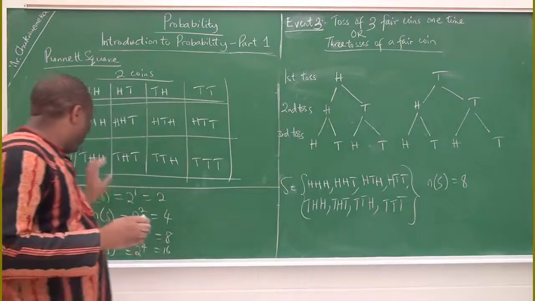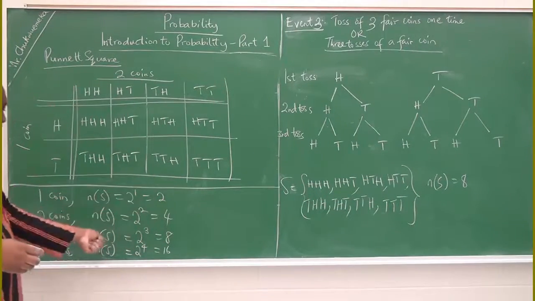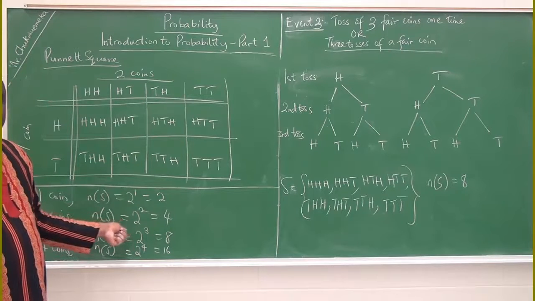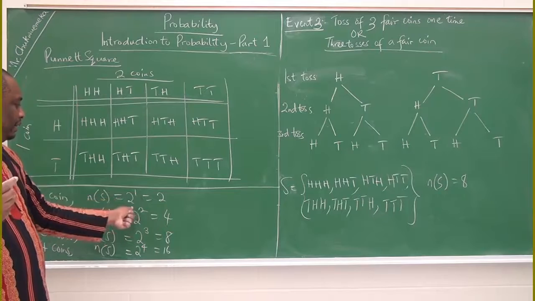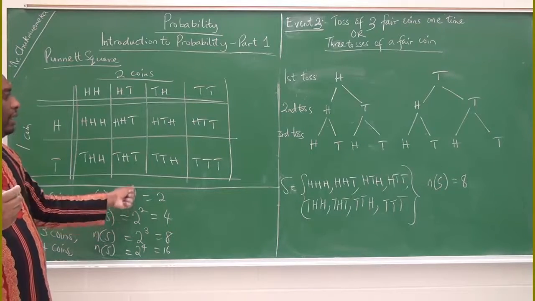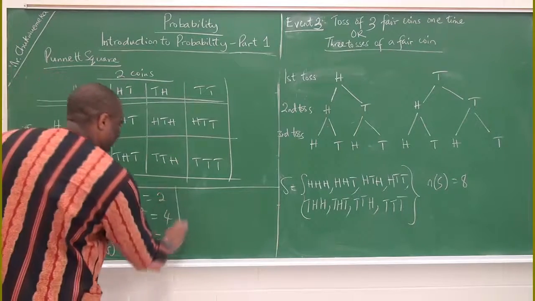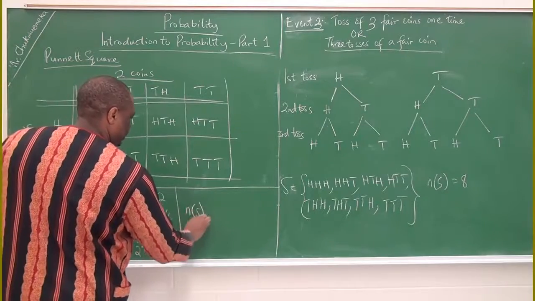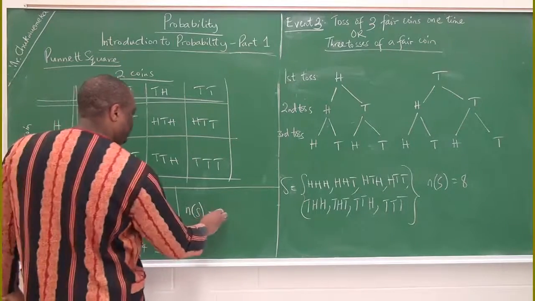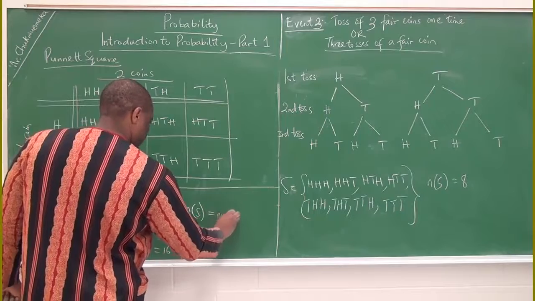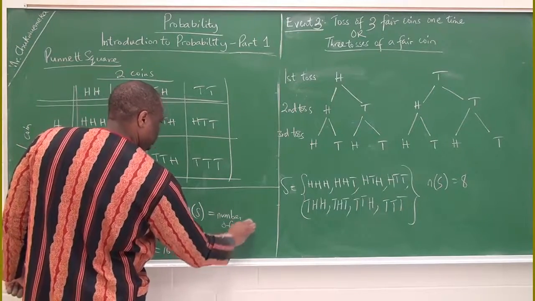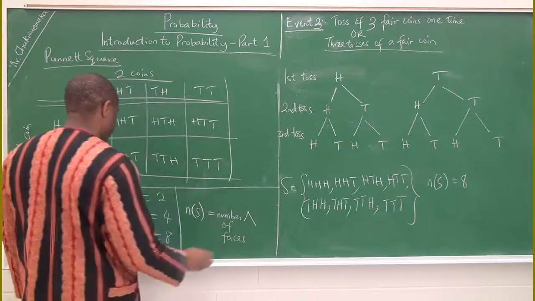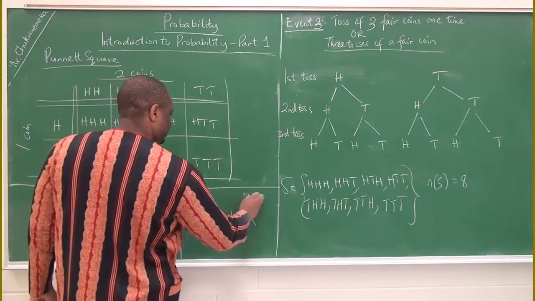Now, I wanted to teach you this formula. Guys, we now have a formula here. The cardinality of the sample space is the number of faces raised to power number of tosses.